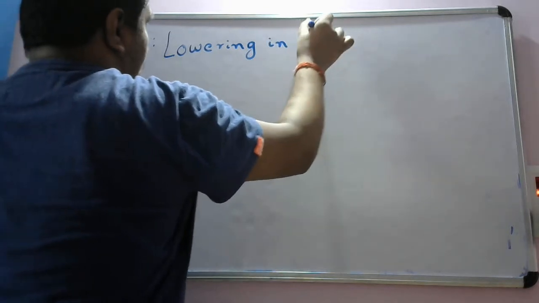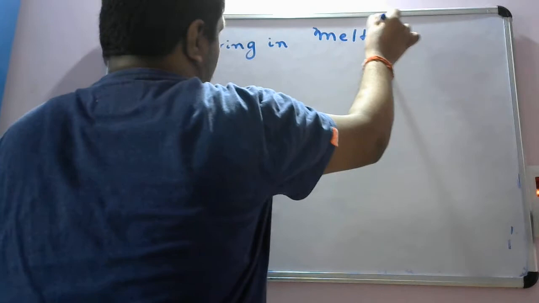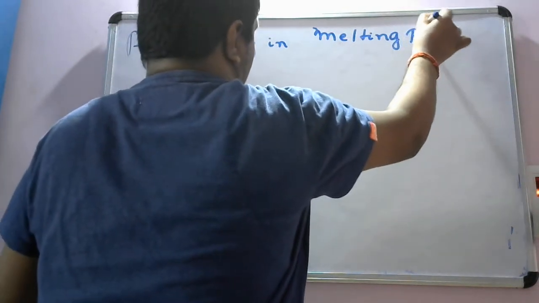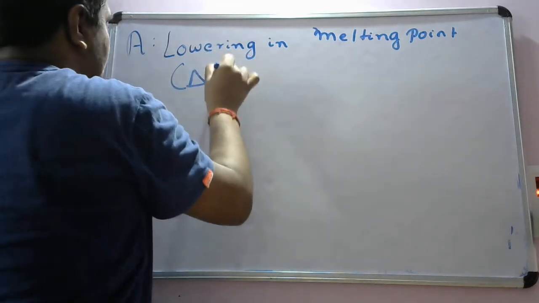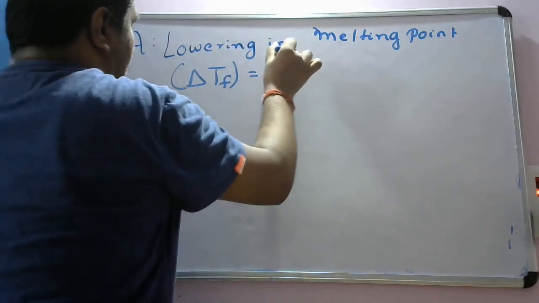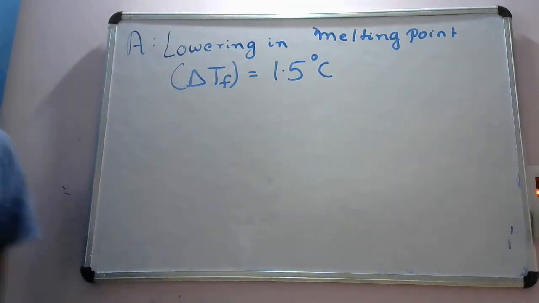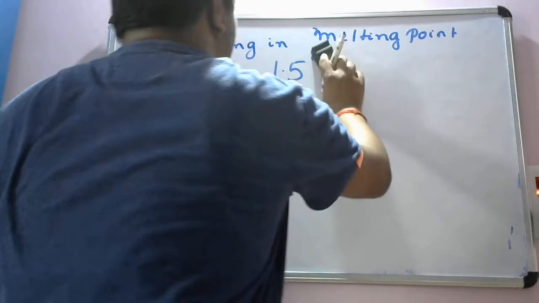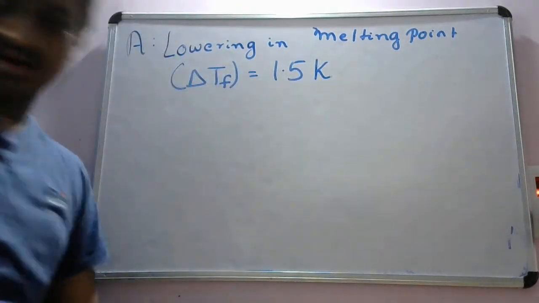Lowering or depression in melting point, it is given to us. Let us use the symbol delta TF, that is 1.5 degrees Celsius. Now since it is a difference, 1.5 degrees Celsius is the same as 1.5 Kelvin. It will not get affected.